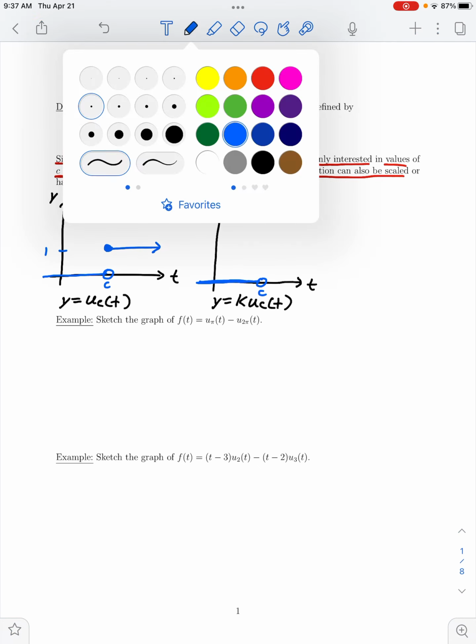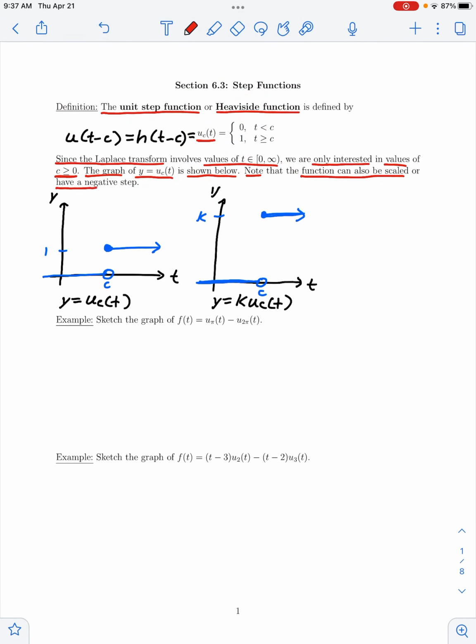Or we could also consider having a negative step.